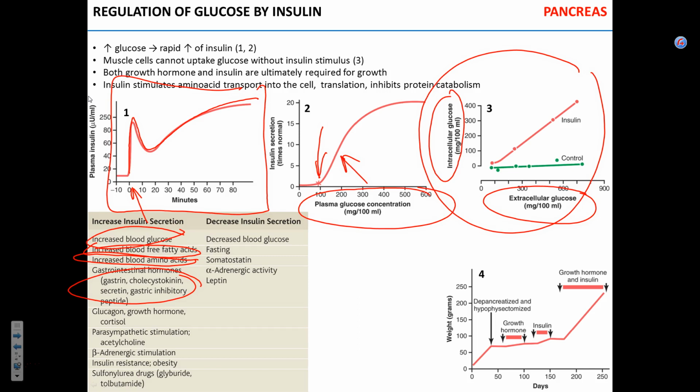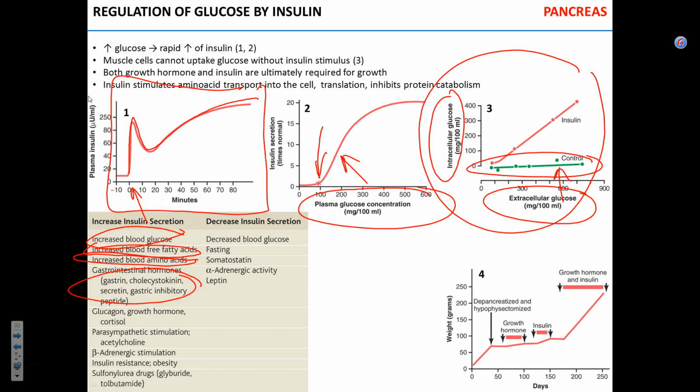So this was done in rats. If you take a rat and remove the pancreas from it, you can feed the rat with an enormous amount of sugar, and rat muscle cells will not be able to take glucose in. Does that make sense?